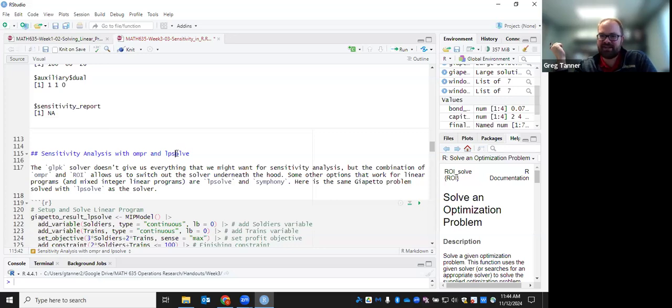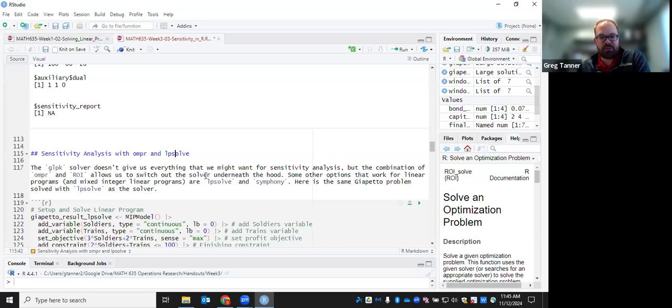I've done a little test, and at least for medium-sized problems, most of these packages have pretty similar implementations and run in a similar amount of time. If you get into a big problem, it might be worth doing some robust testing and timing to see whether there's an efficiency gain from using one package over the other. But that's probably not worth worrying about until you get to really large problems.